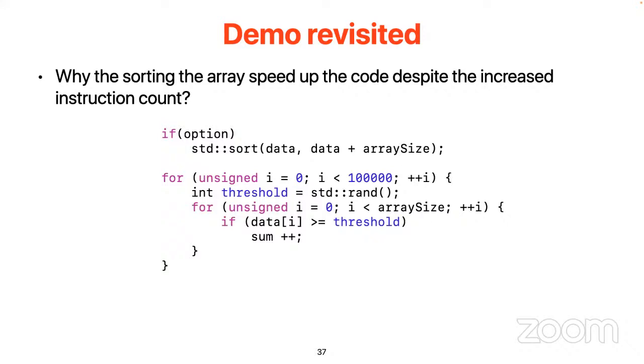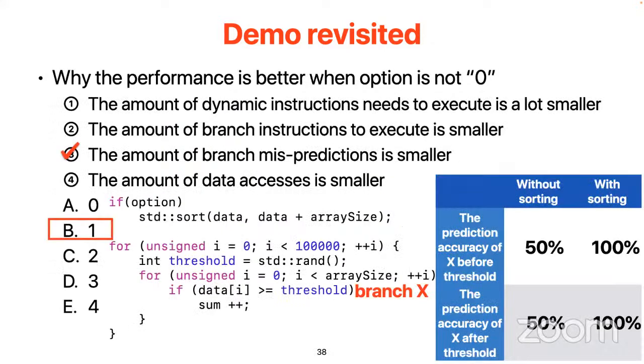So remember, in the very beginning of the quarter, we had this demo. Now you should already figure out that the reason why the performance becomes a lot better after you sort the data is that this branch X, which we marked here, becomes relatively easy to predict, because no matter whether it's before or after the threshold, it just changes direction once.